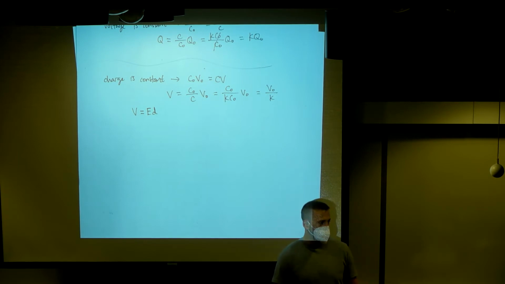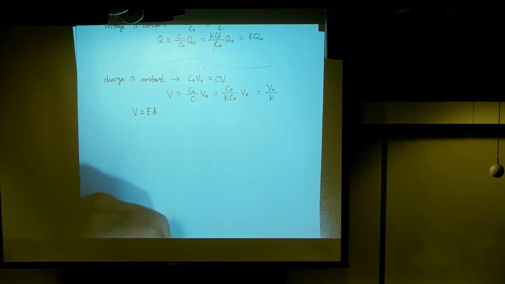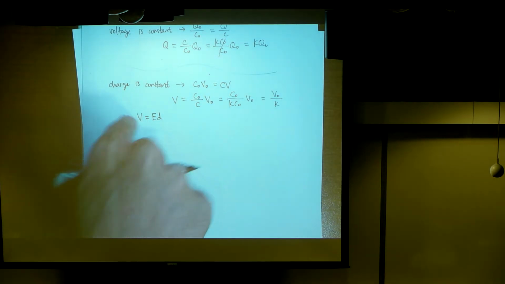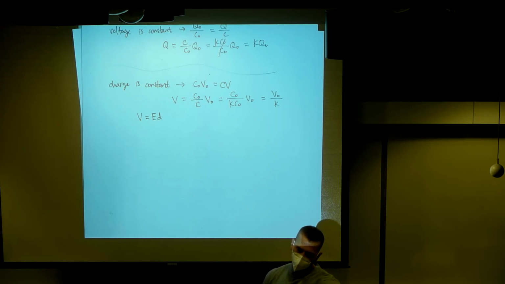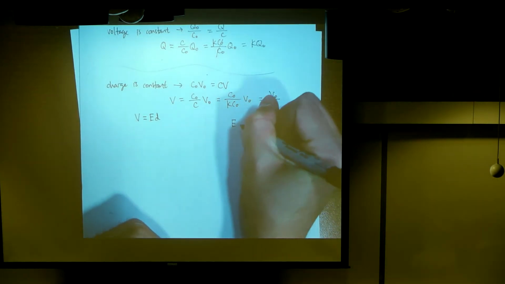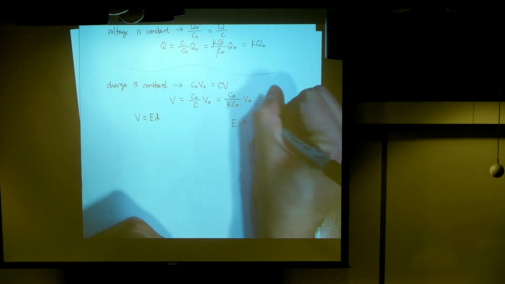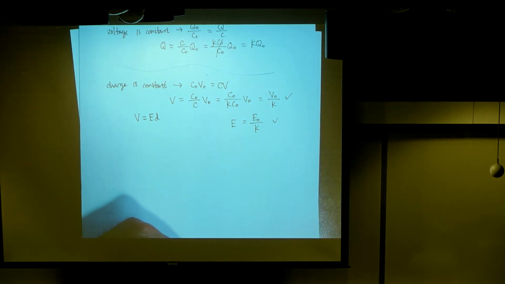My E field is also going to drop by a factor of K. That make sense? In the context of a capacitor, when we say V, we're always referring to the voltage across the two plates, from one plate to the other. Make sense? So the E field is going to be reduced by the same exact factor. So they both go down by a factor of K. Does that make sense?